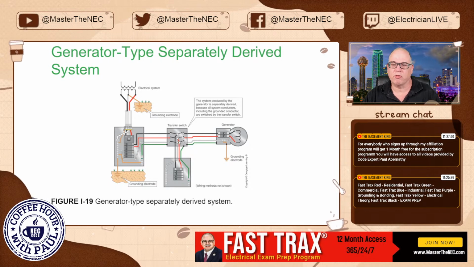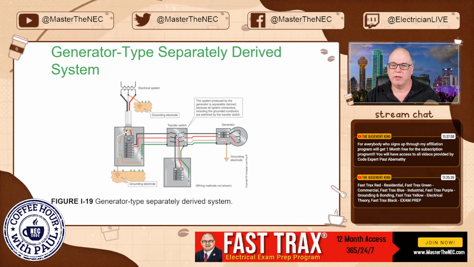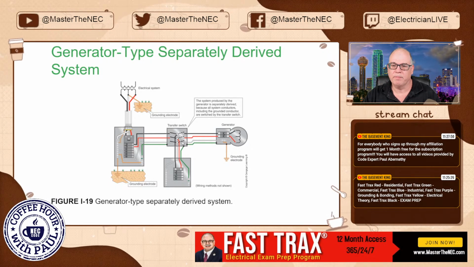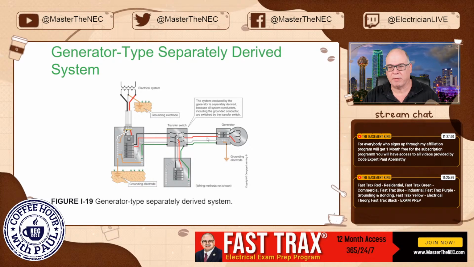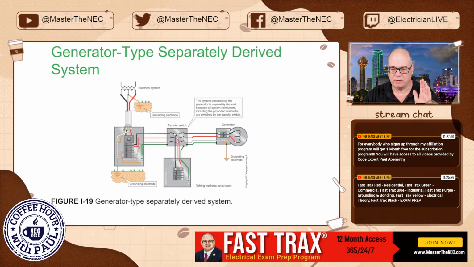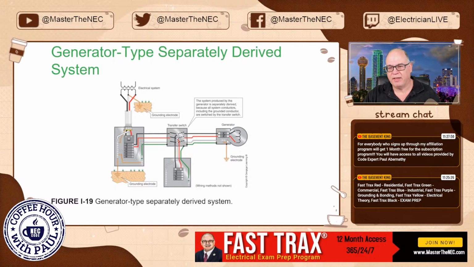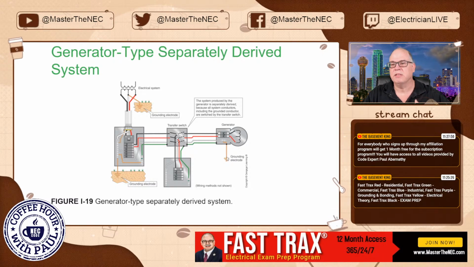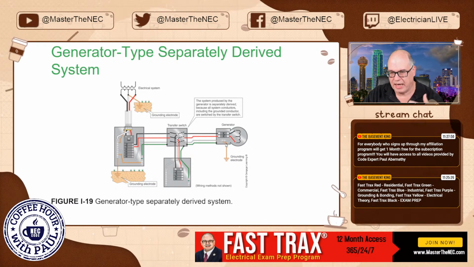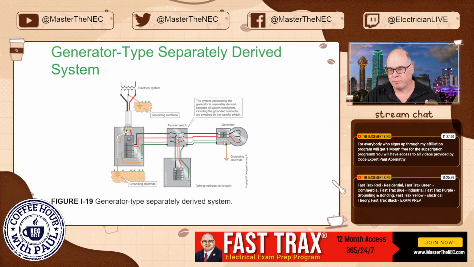So here's your transfer switch. Notice we're switching, okay? We're switching the neutral right here. So this system is separate from this system, depending on what position this transfer switch is in. If that's the case, this is a separately derived system. This has to have grounding electrodes, and you have to put in a system bonding jumper.